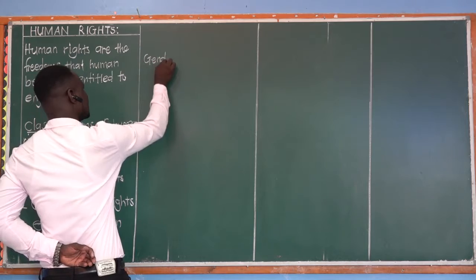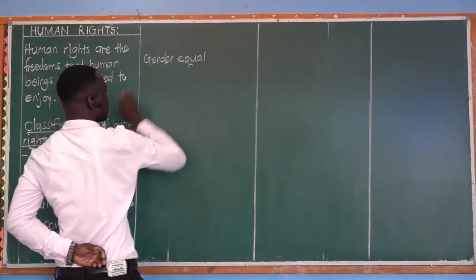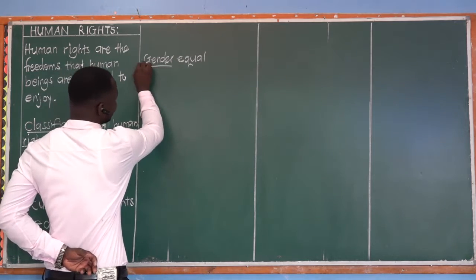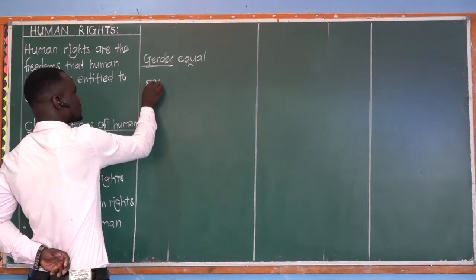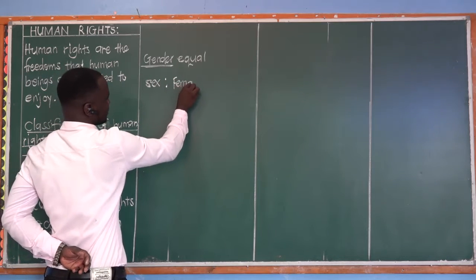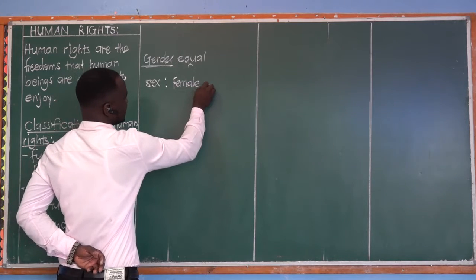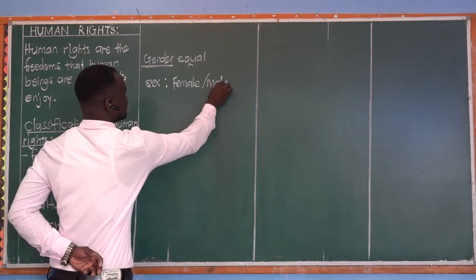Equality from the word equal, of which gender refers to the state of a person, that is the sex of a person, that can be either male or female. So that is what we term as gender.